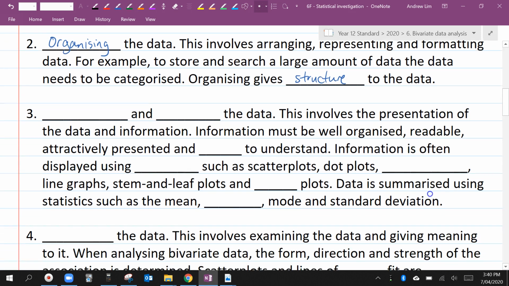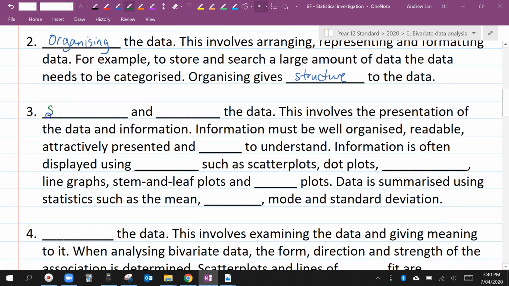After we've done that, we now need to summarize and display the data. We've collected it, we've organized it, now we need to summarize and display it. This involves the presentation of the data and information. Information must be well organized, readable, attractively presented, and easy to understand.